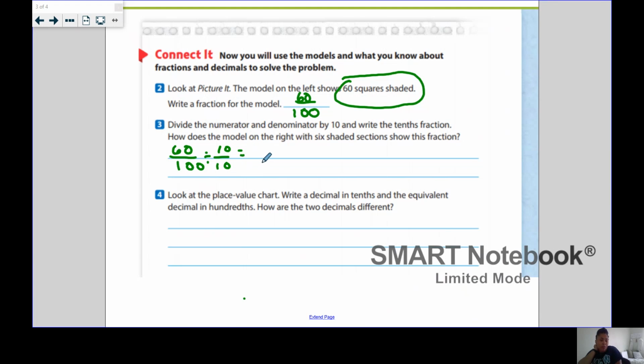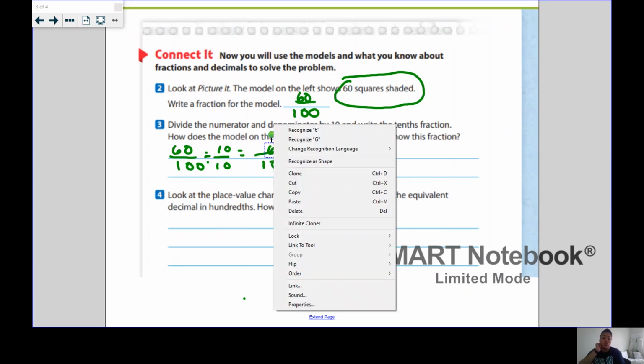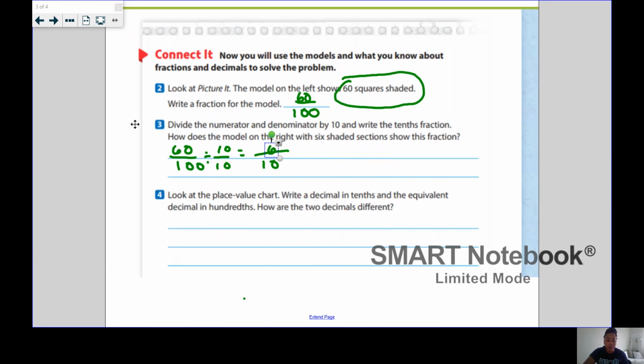And I'm going to start at the bottom. 100 divided by 10 is 10. And then we have 60 divided by 10 is 6. So you should have 6 over 10.